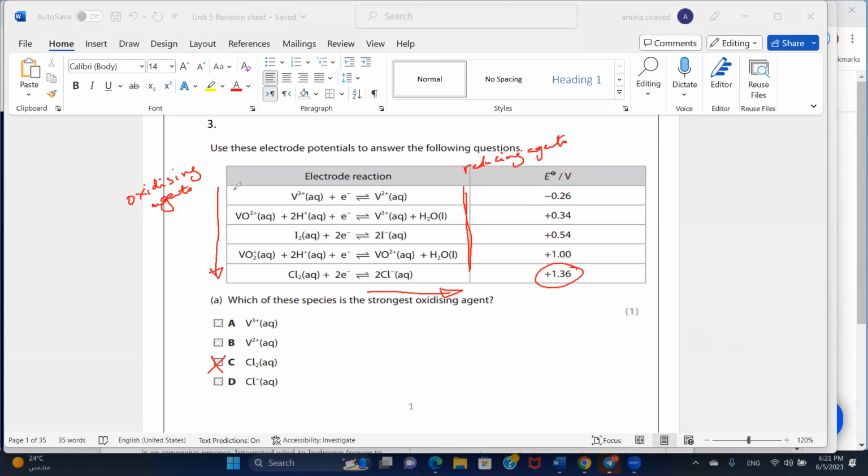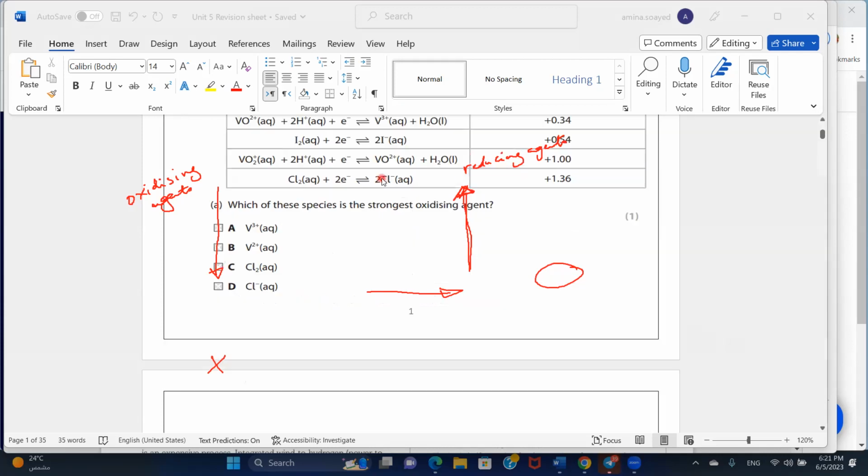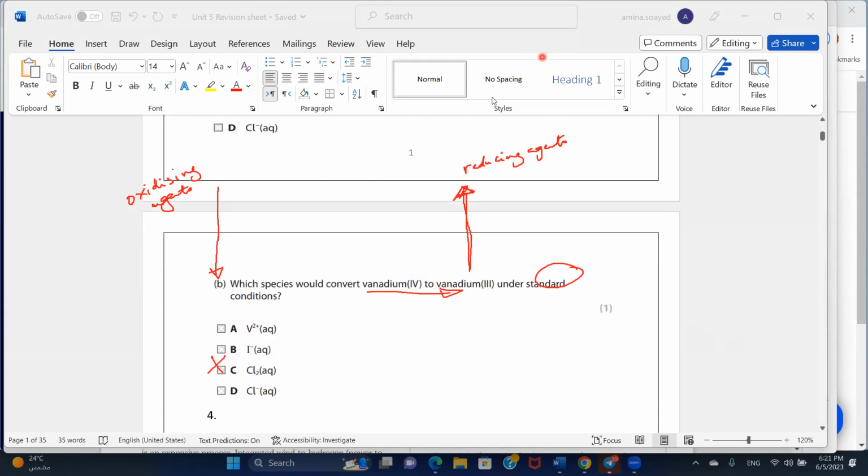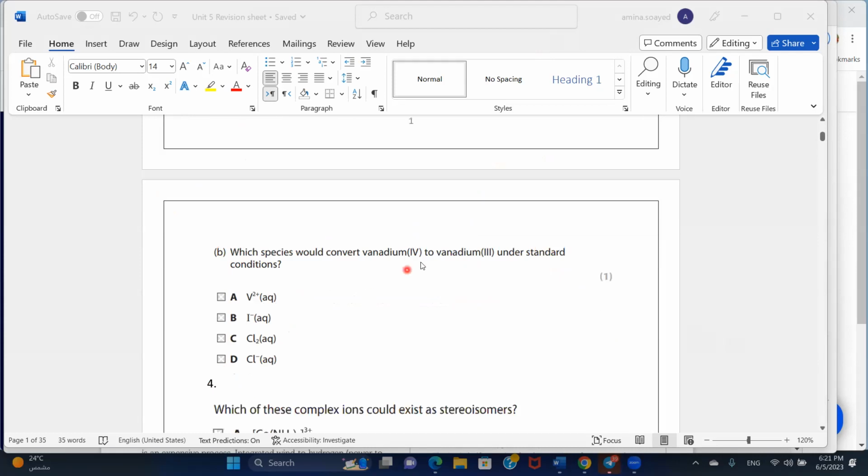The oxidizing power increases as we go down, and the reducing power is the strongest when we go up. So the vanadium plus 2 is the strongest reducing agent, and the chlorine is the strongest oxidizing agent. Okay, so chlorine. Now it says, which species would convert vanadium 4 to vanadium 3 under standard conditions?